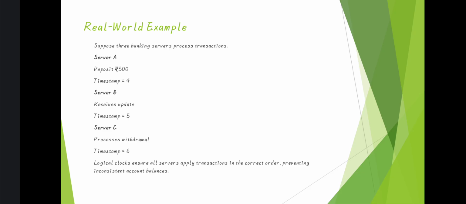Real-world example: suppose three banking servers process transactions. Server A deposits 500, timestamp equal to 4. Server B receives the update, timestamp equal to 5. Server C processes a withdrawal, timestamp equal to 6.